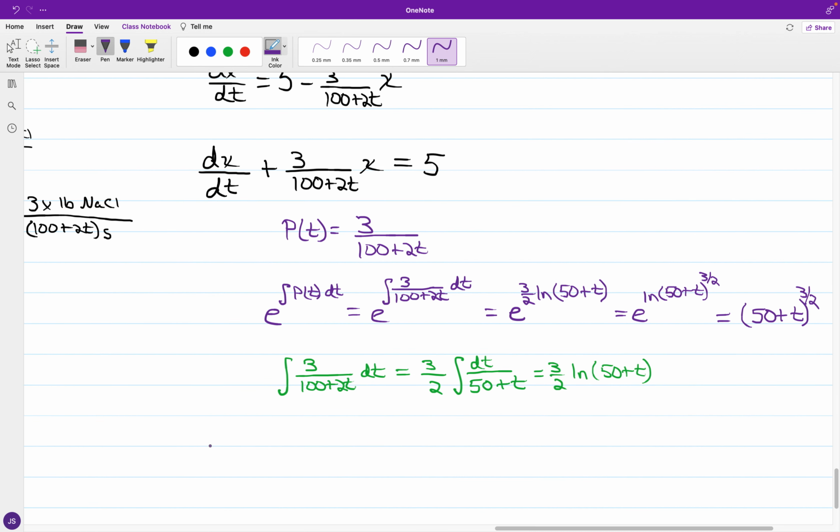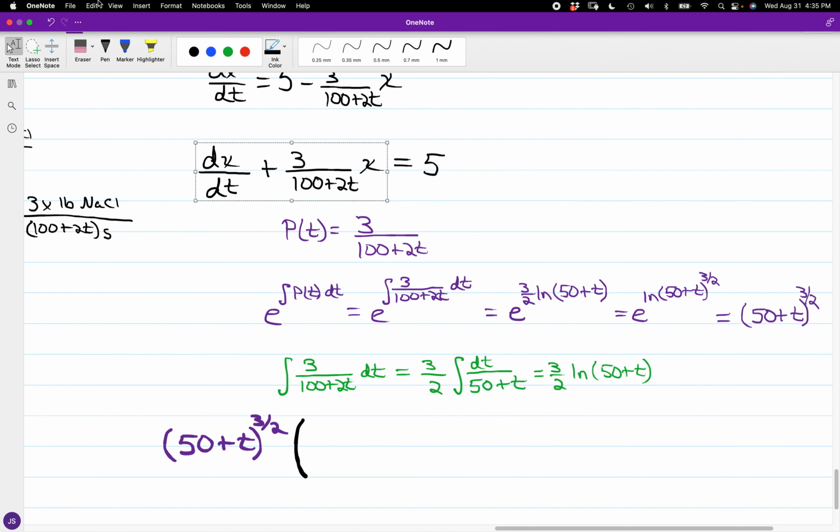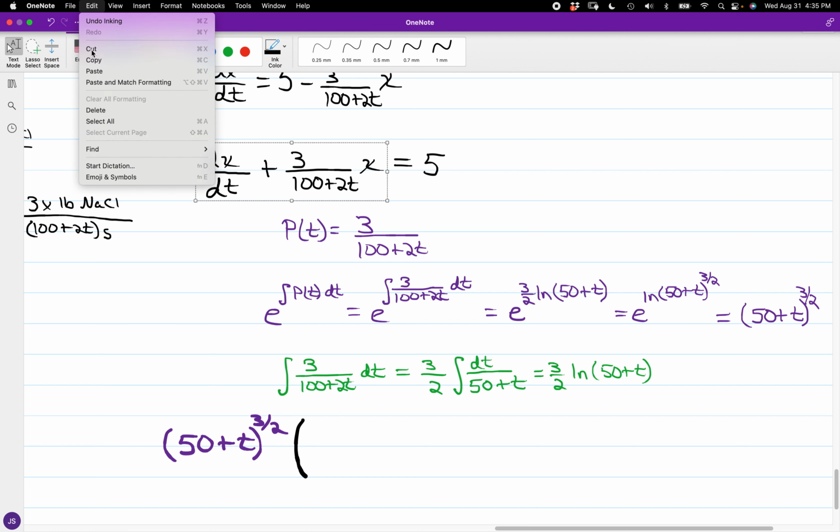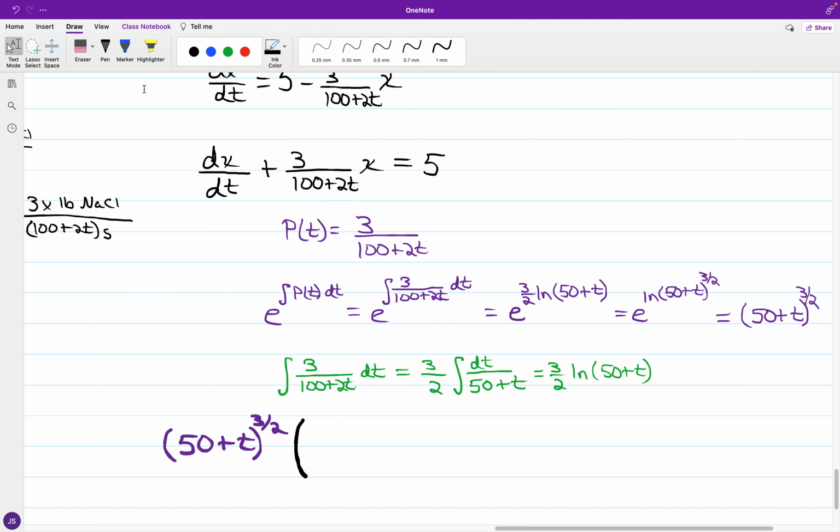multiplying both sides by the integrating factor. So we have, again, the quantity of 50 plus t raised to the 3 halves, multiplying by the terms on the left-hand side of the equation.